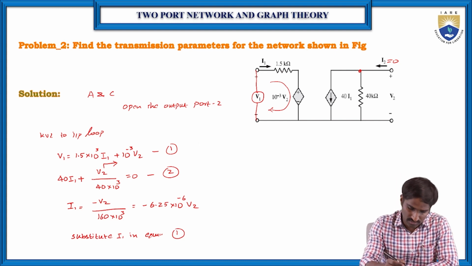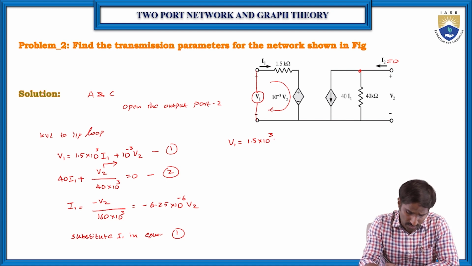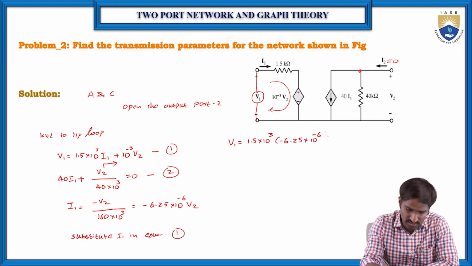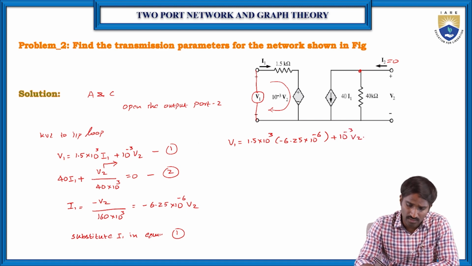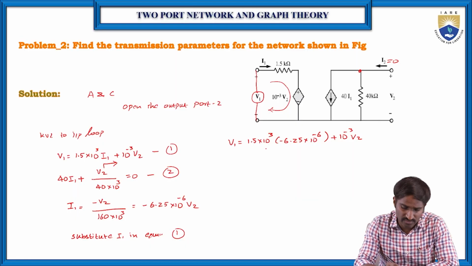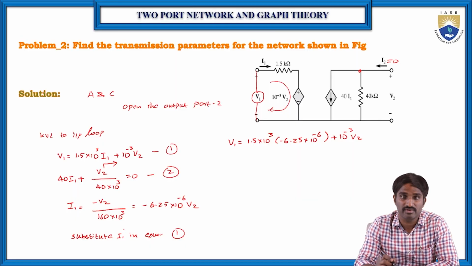Then equation 1 will become V1 is equal to 1.5 into 10 to the power of 3 into, in the place of I1, we can substitute minus 6.25 into 10 to the power of minus 6 V2, plus 10 to the power of minus 3 into V2. So here we have eliminated the value of I1.